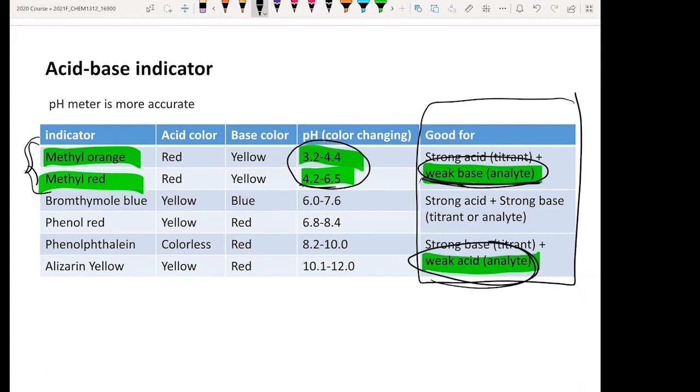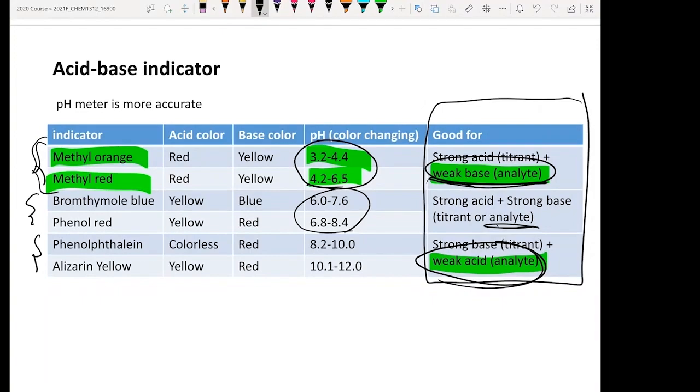If you have a weak acid as your analyte, once you reach the equivalence point, all the acid will be converted into its conjugate base. Therefore, the pH will be above 7. And therefore, there are another 2 indicators you can use. And if you have a strong acid or strong base as your analyte, at the equivalence point the pH will be around 7, right? So there will be another 2 indicators you should use.